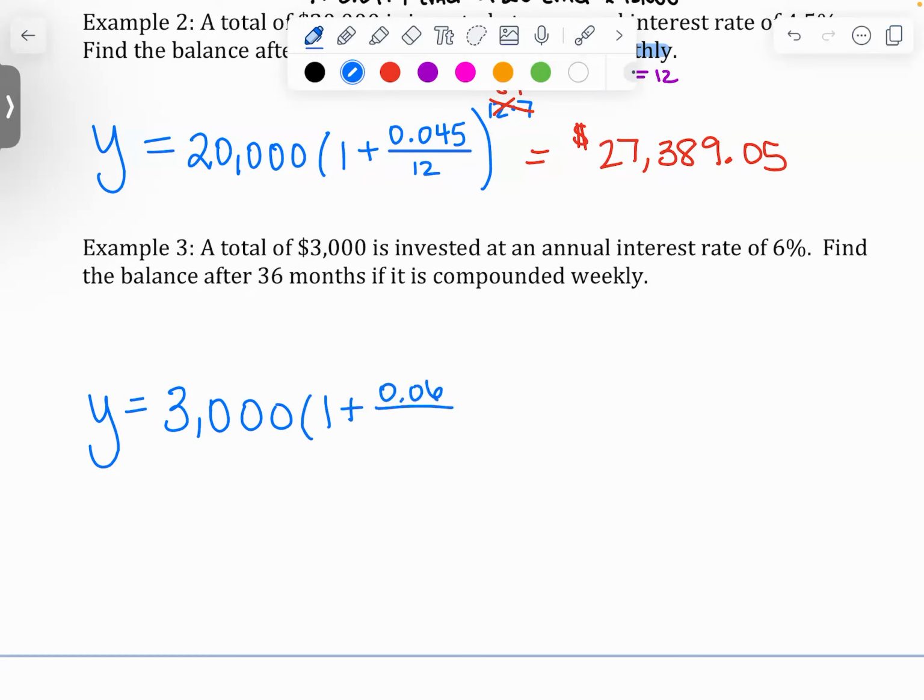Compounded weekly, so 52. 36 months means T is 3. That's 3 years. Can somebody tell me what 52 times 3 is? 156. Thanks.